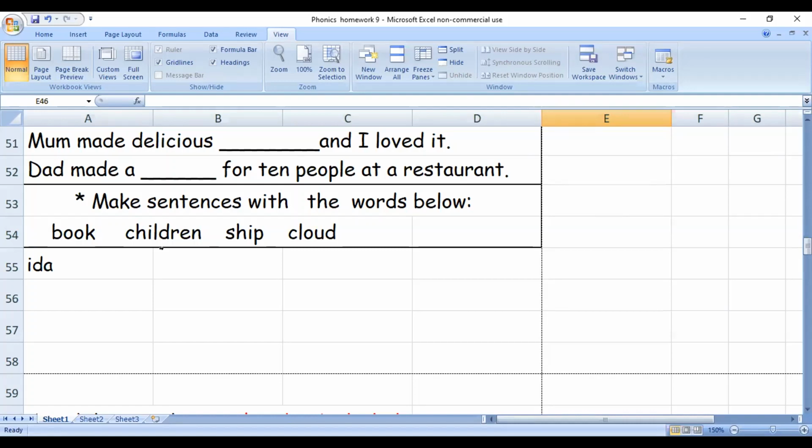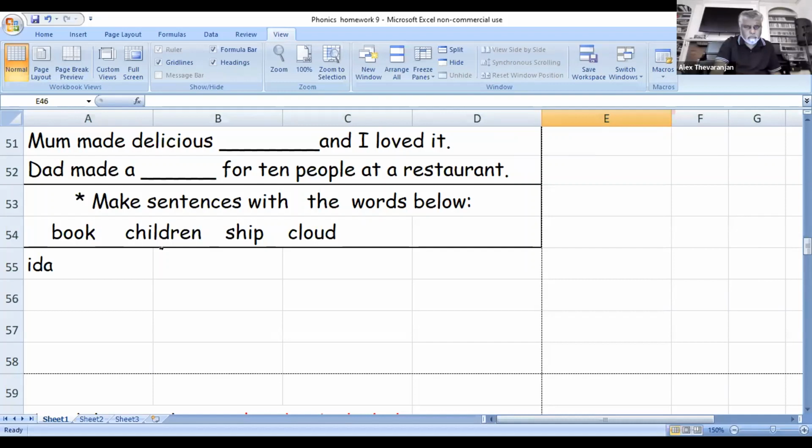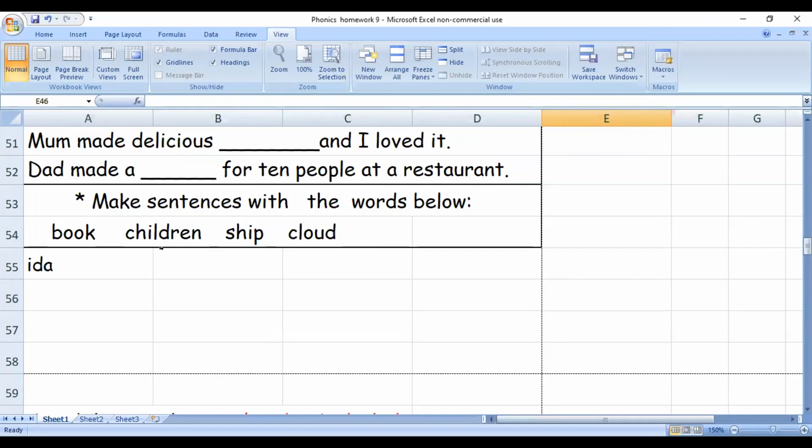Children are listening to the teacher read a story. Or children like to listen to the story. So you don't need to use the are. All right, okay. Somebody, can you make a sentence with ship?